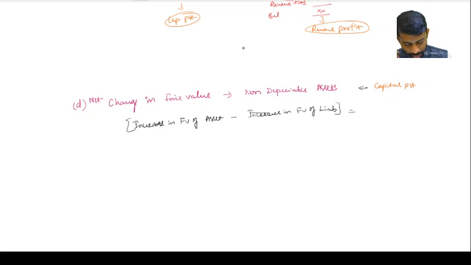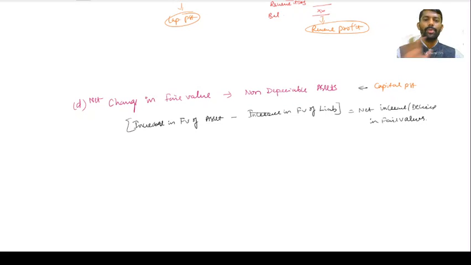You will get the net increase or decrease in fair value. If it is a profit, you will distribute it to the holding company, the subsidiary company, and the non-controlling interest. If it is a loss, it is the same; you will distribute it. That's it.